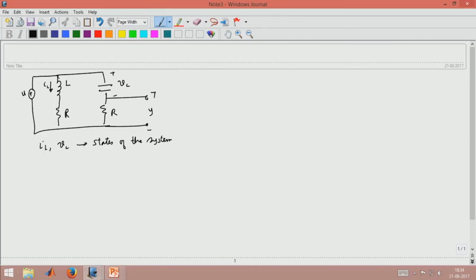So let me call this x1, I'll call this x2, and I write down the equations. L x1 dot plus R x1, where x1 is IL from here, will be x2 plus R C x2 dot.